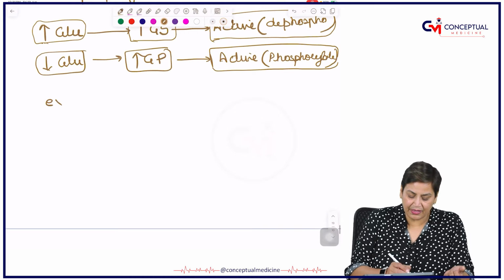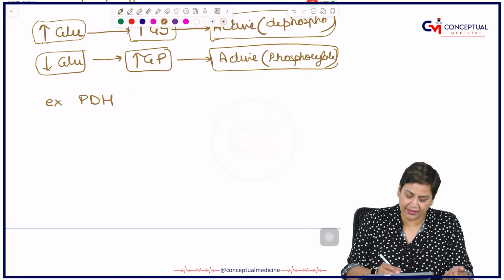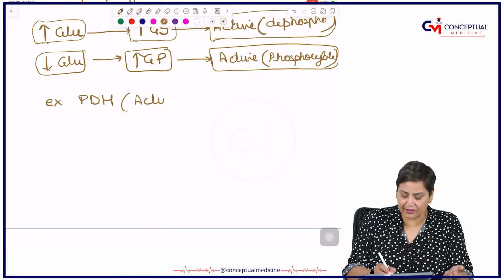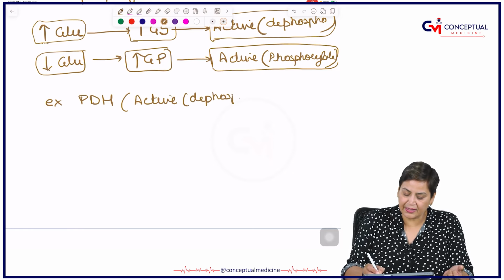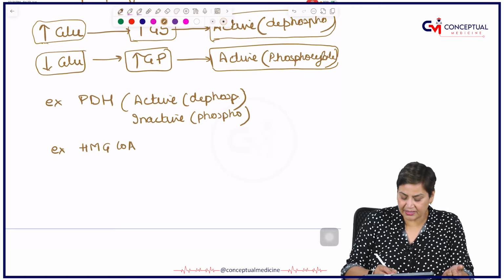Another example can be PDH, pyruvate dehydrogenase, which is again present in active and inactive form. So its active form is also dephosphorylated. So the inactive form has to be phosphorylated. Similarly, another example is HMG-CoA reductase.